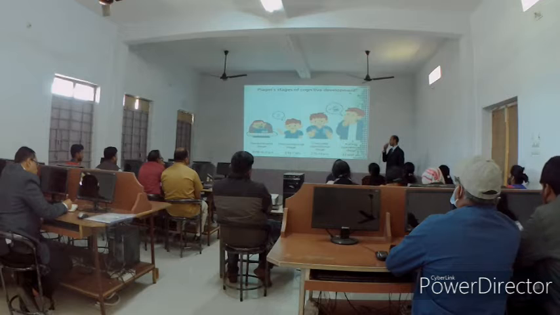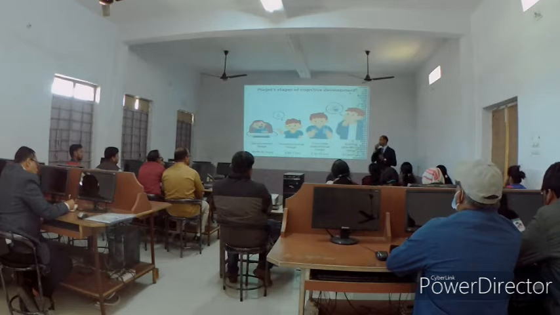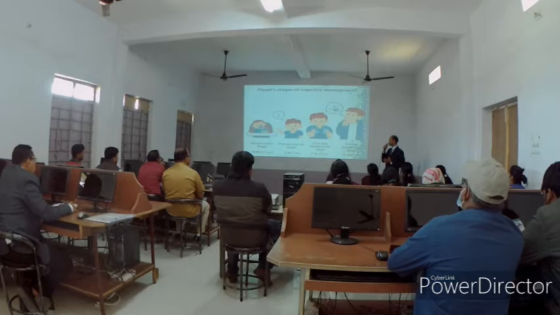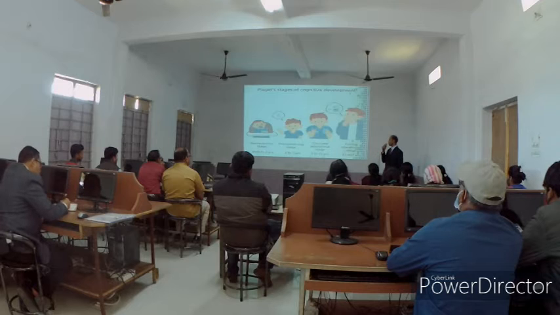Birth to 2 years is the sensory motor stage; whatever a child does, it is done by the senses, the five sense organs. Then comes the pre-operational stage, 2 to 7 years. It is a different topic, but I included it because it will help you understand the stages in which children's brains develop.